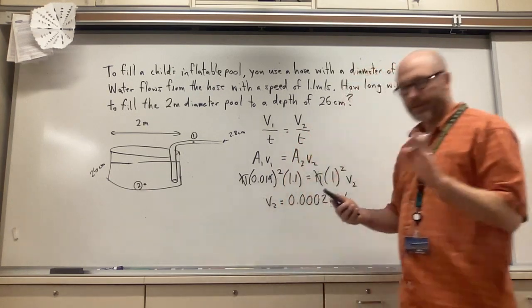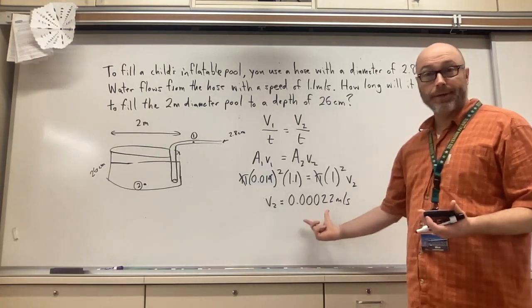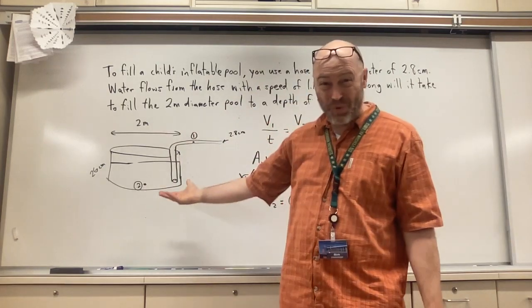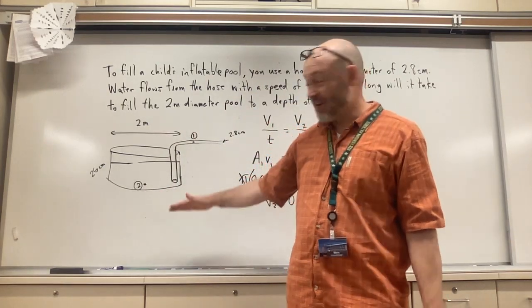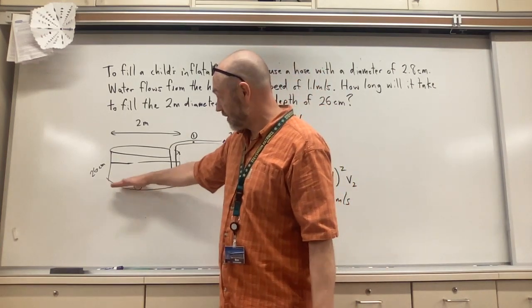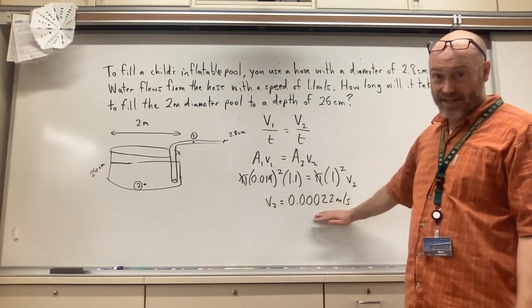Okay, 0.0002156, whatever, meters per second. And you might be like, geez, that's a really small number. Well, have you ever tried to fill up an inflatable pool like this? It takes a long time. So this is what this is talking about. This is like the rate the water is going to be going up. Well, the rate the water is going to be going up is not going to be very fast.